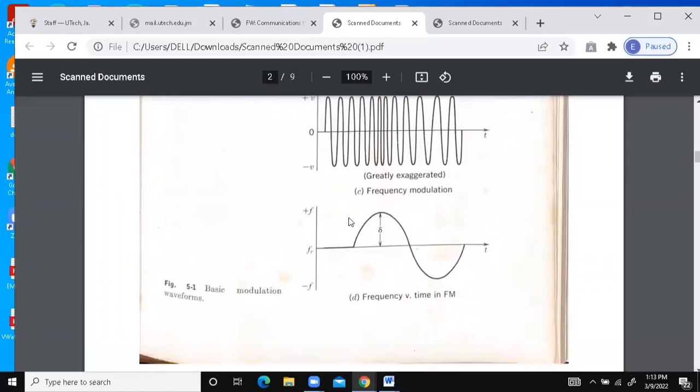So now, the wider these are, the lower the frequency, right? So this is your frequency versus time.